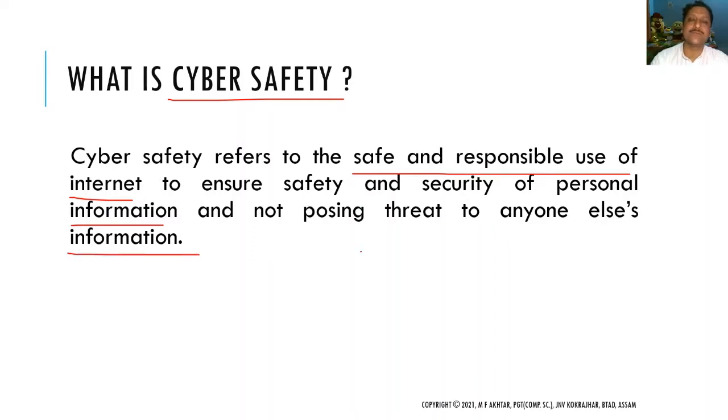First we have to secure and make safe our personal information, and at the same time we should not pose any threat to anyone else's information. We should not use others' information in a wrong way. So this is known as cyber safety. Proper use of the internet, responsible use of the internet is known as cyber safety.